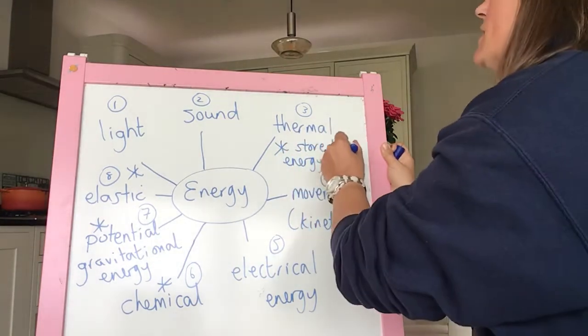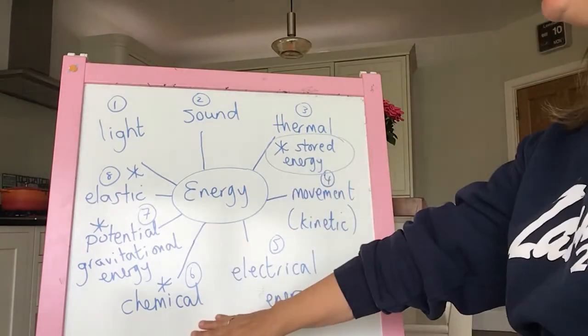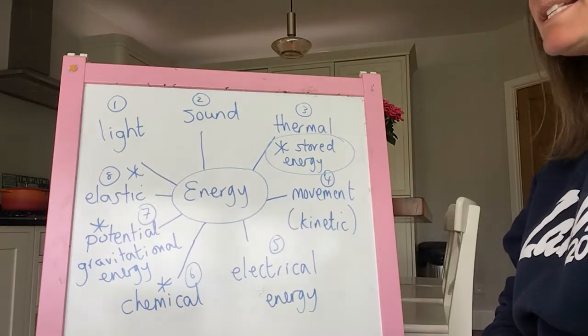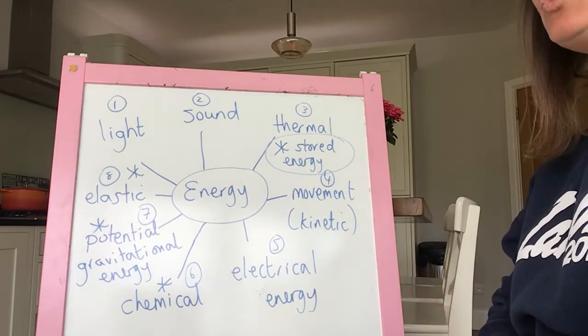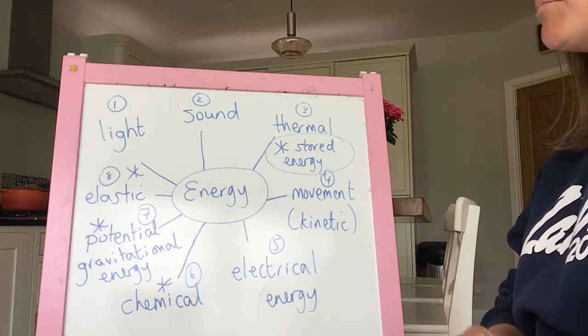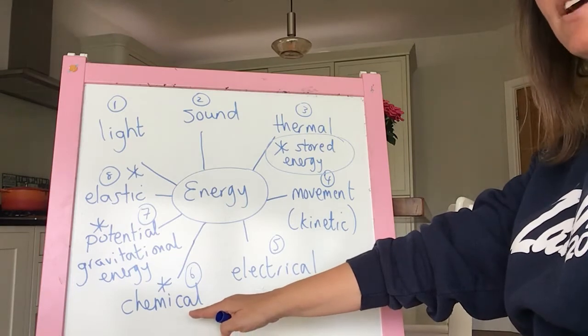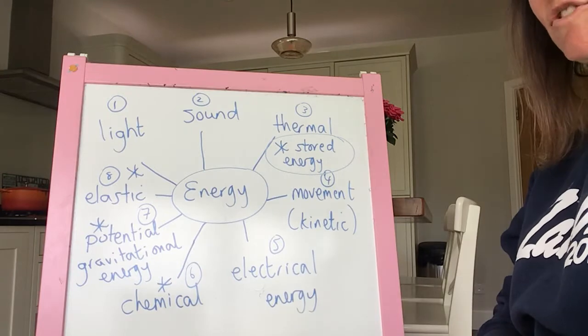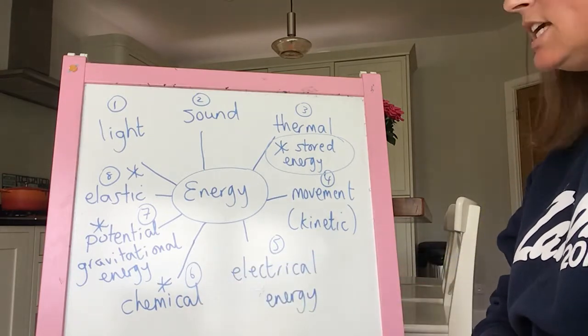Okay, stored energy. So we can store chemical energy, we can store potential gravitational energy, and we can store elastic energy until we want to use it. For example, until I set fire to petrol, the energy isn't released. Until I digest my food, the chemical energy isn't released.